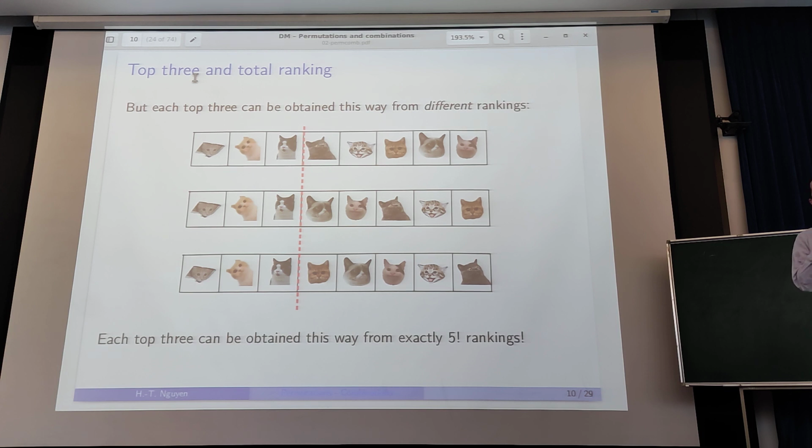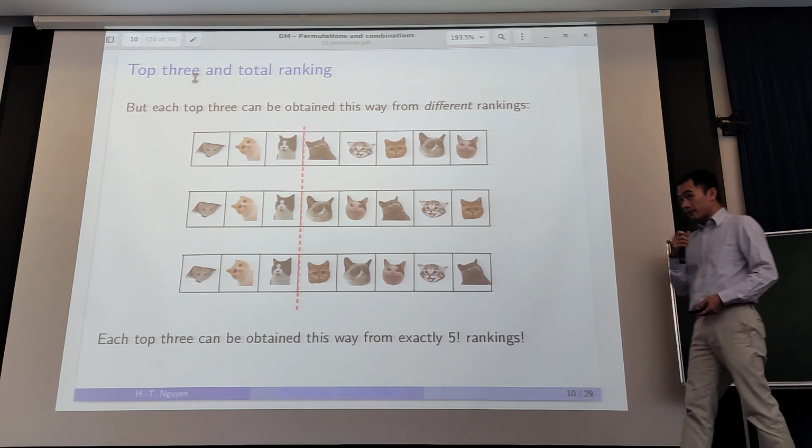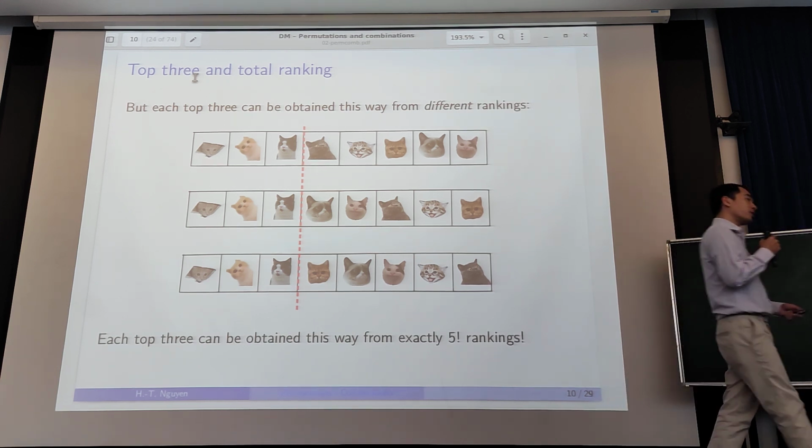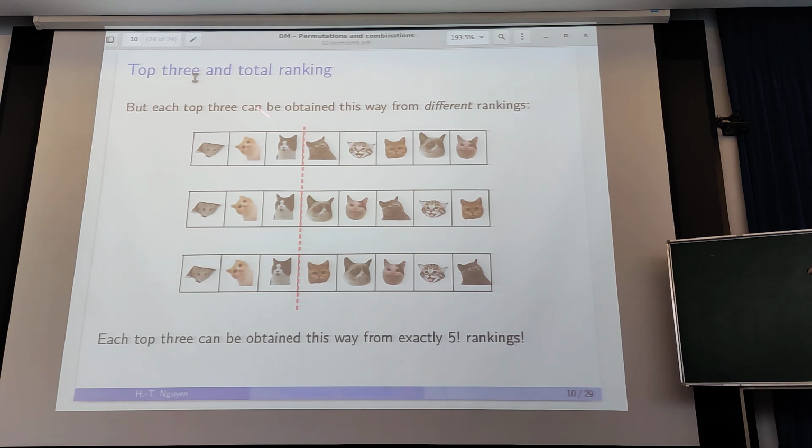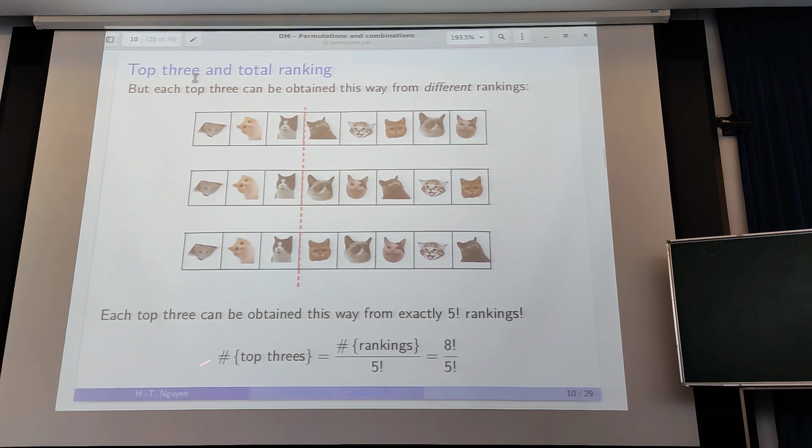And so, if you remember the division rule, then we can calculate the number of top 3s. We can discount the repetition by taking the whole number of the rankings and dividing it by this repeating factor. Okay, so in fact we can calculate the number of top 3s in another way.